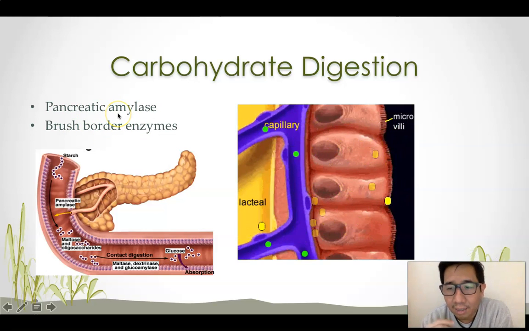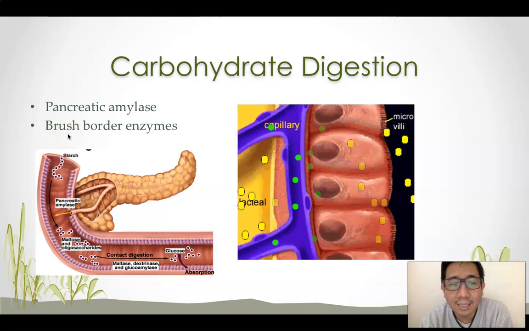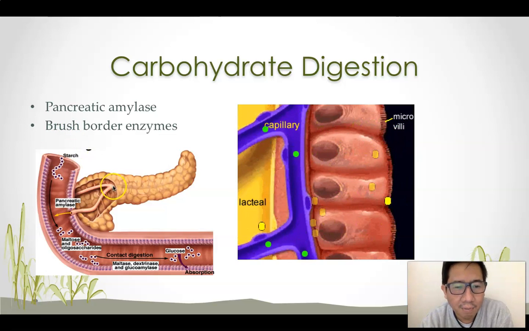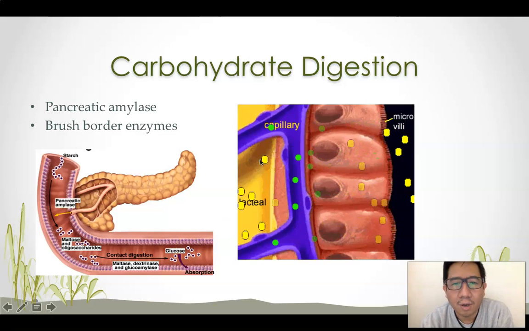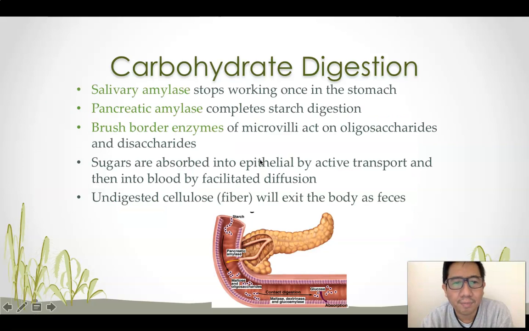Your pancreas releases another amylase to break down the carb. And then you absorb through the brush-border enzyme. These break down the carb even more, make it really small, so then it can absorb right through and go into your capillaries.